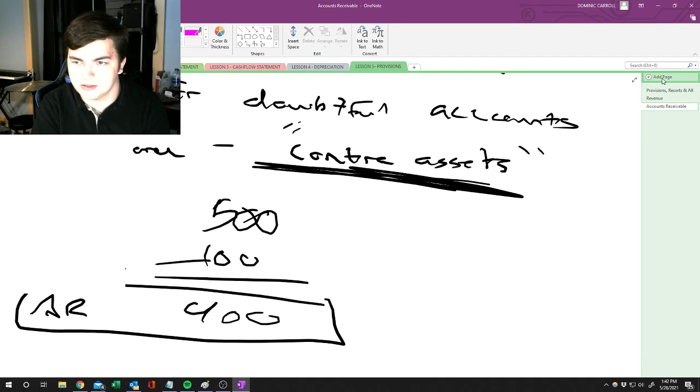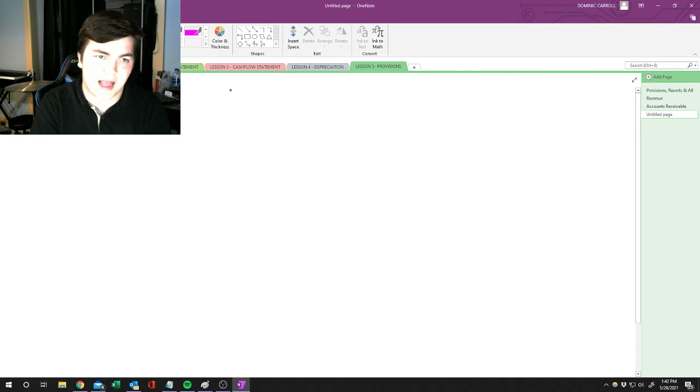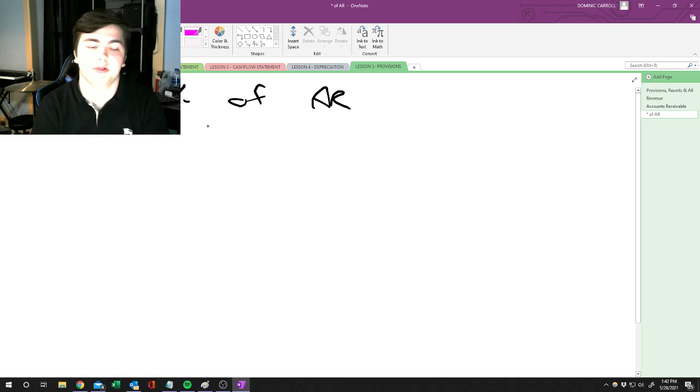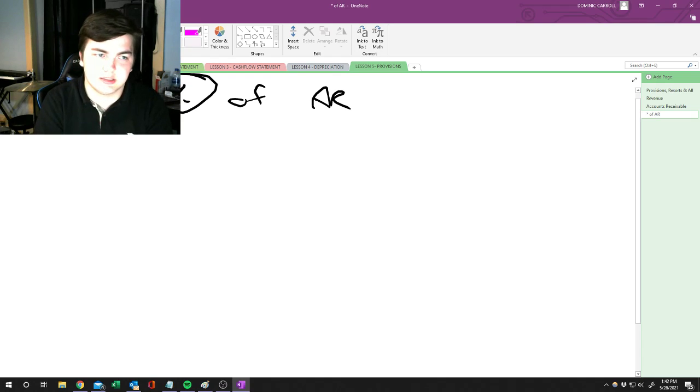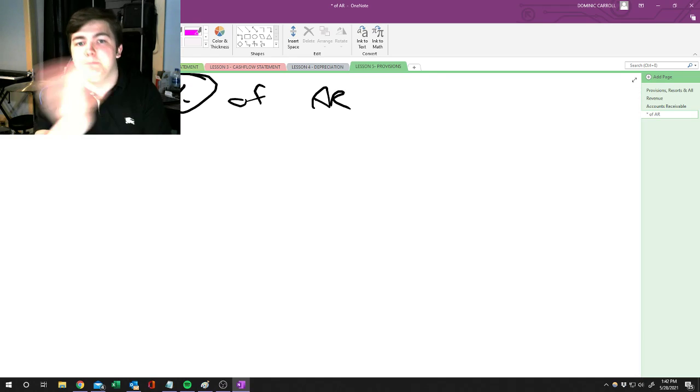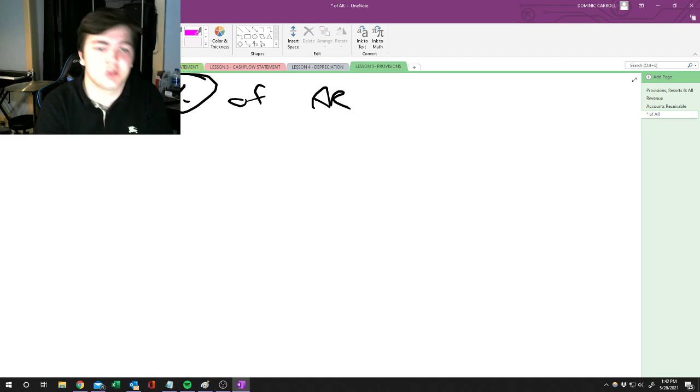It's a contra asset. And when it comes to actually calculating the allowance, it is essentially just a percentage of accounts receivable. This percentage varies per company because the way they derive it is different per company. Essentially, they do some sort of empirical, statistical analysis.